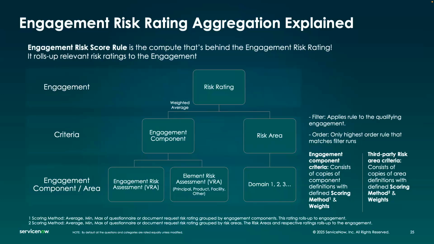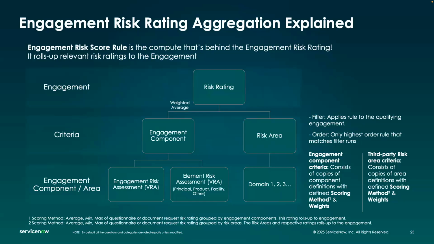This rule acts as the calculation engine, bringing together two sets of criteria that define how risk data from assessments must be interpreted and aggregated: engagement component criteria and risk area criteria. Starting with engagement component criteria.